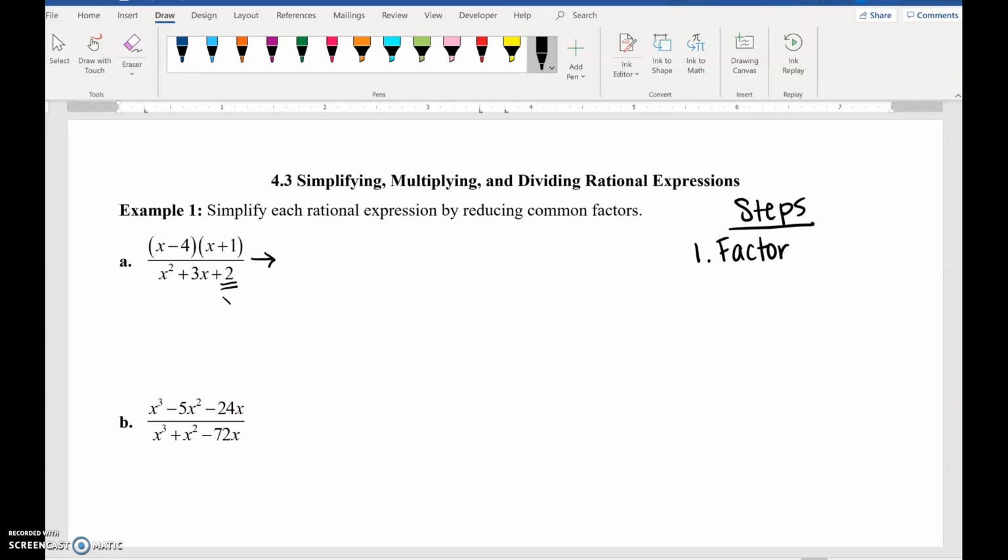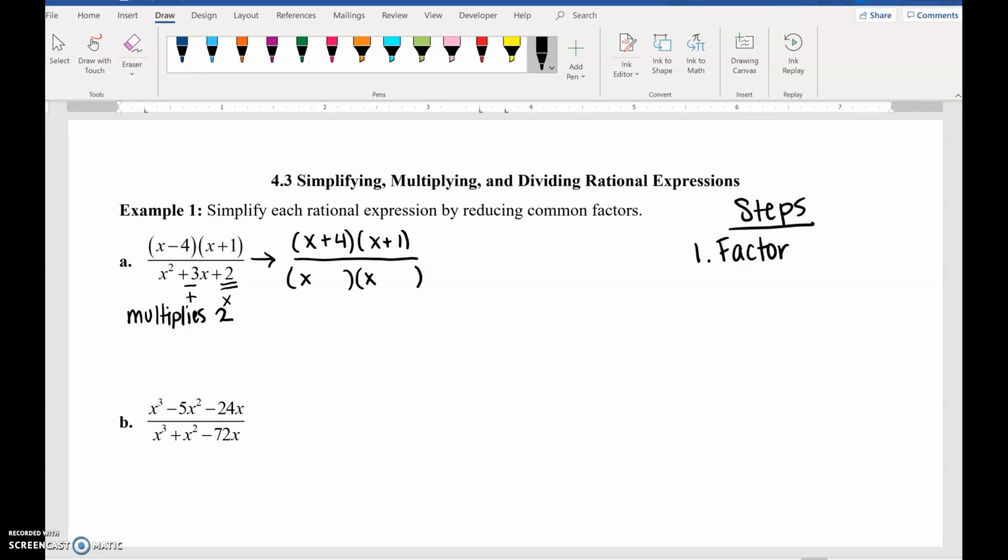So what multiplies to c and adds to b is what we did before. So I'm just going to rewrite the top, x plus 4, x plus 1. And then on the bottom, I'm going to rewrite it like this for now. I know that I'm going to have something that looks like the top, but the numbers and the signs inside might change. So again, I'm looking at what multiplies to 2.